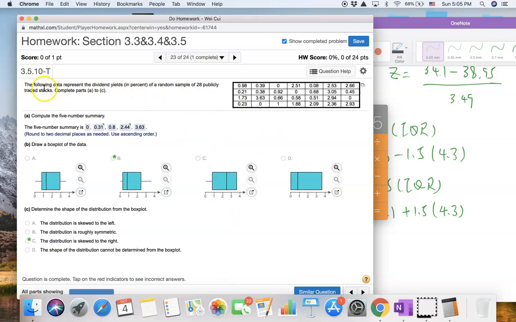Okay. Number 23, the following data represent the dividend yields of a random sample of 28 publicly traded stocks. Okay, so first we are asked to compute the 5 numbers.